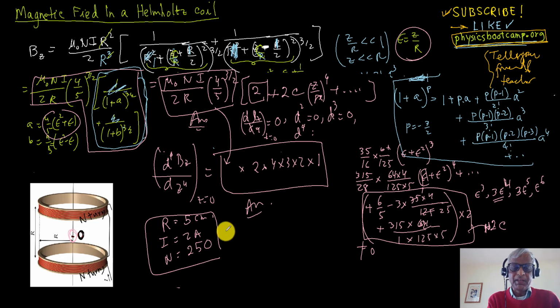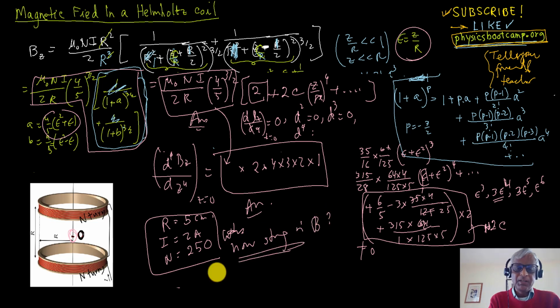What will be the magnetic field? How strong is B? You may want to work that out. As a reference, the magnetic field of the Earth is about half times 10 to the power minus 4 Tesla. 10 to the minus 4 Tesla is called a Gauss.